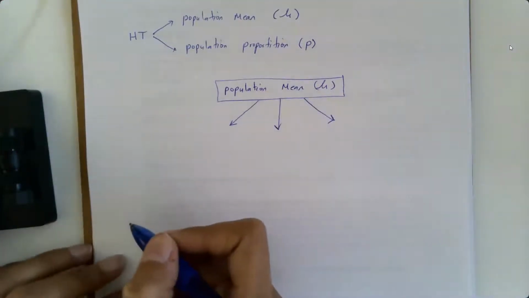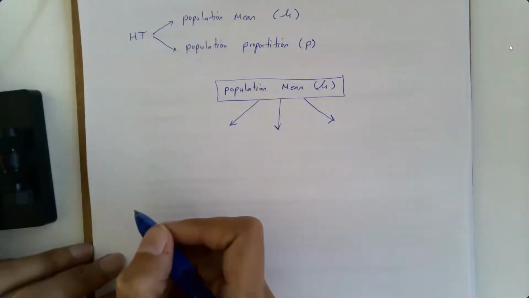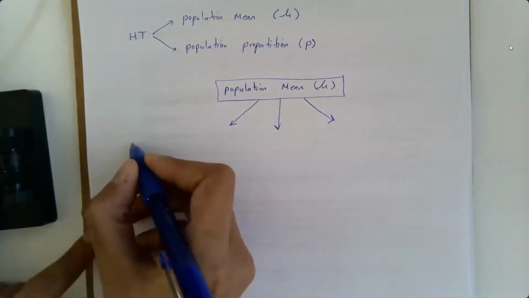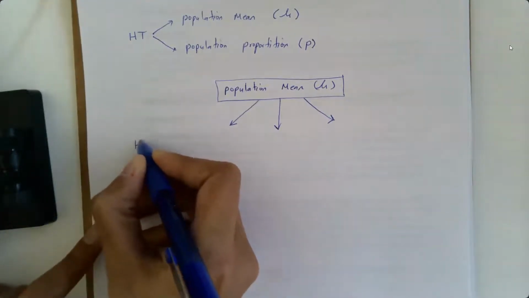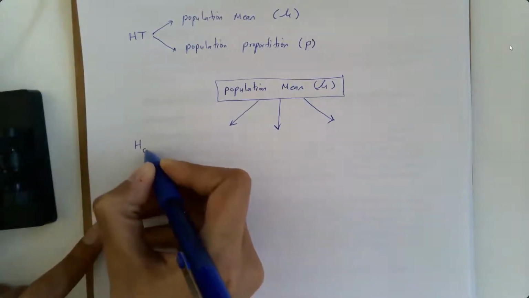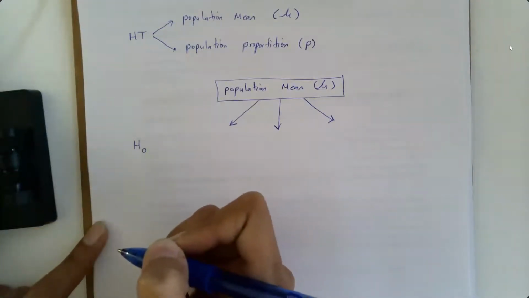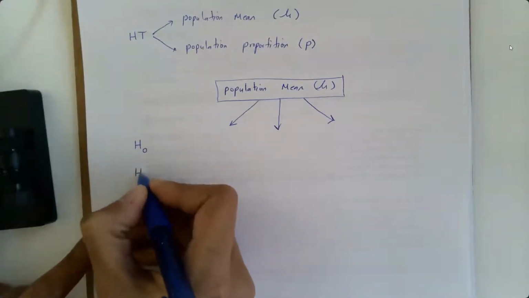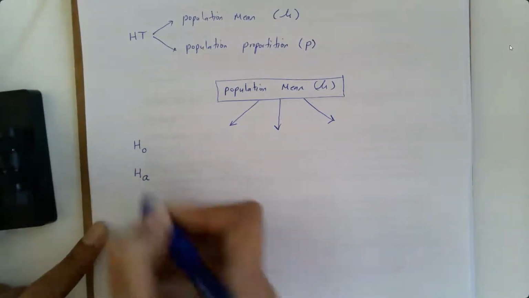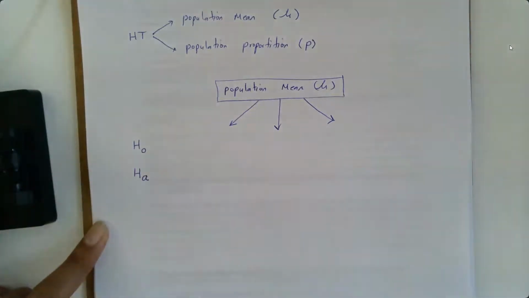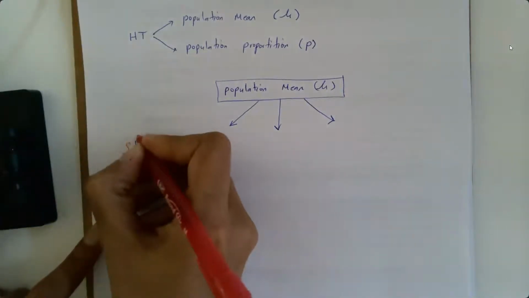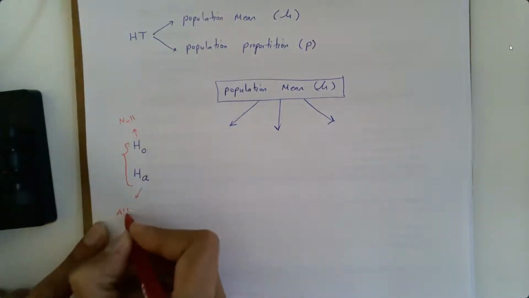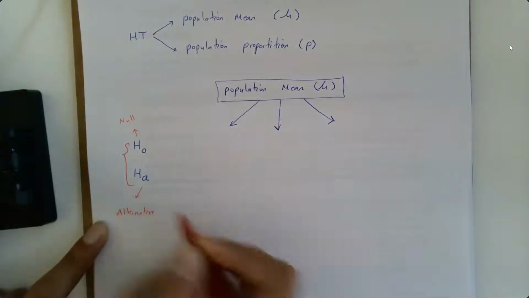In the first scenario, what you have is two hypotheses. The very first one is called the null hypothesis, denoted by H sub 0. Its opposite is alternative hypothesis, denoted by H sub A. So we have null hypothesis and we have alternative hypothesis.